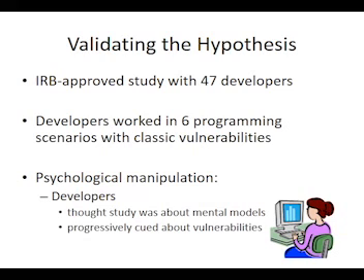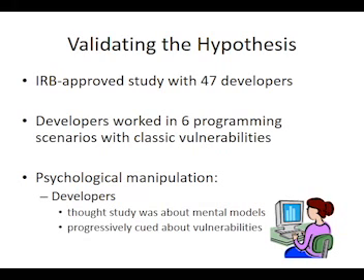So we sought approval for this study, and we had 47 developers working on 6 programming scenarios. Each one of the scenarios had a classic vulnerability. And we used psychological manipulation in the sense that we didn't tell the developers that we were researching security, that security was our focus. We just said it was a study about how developers think.